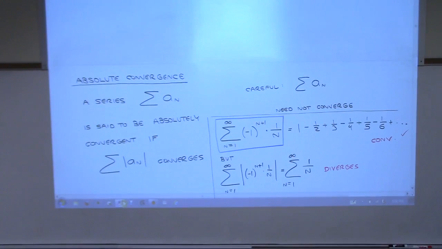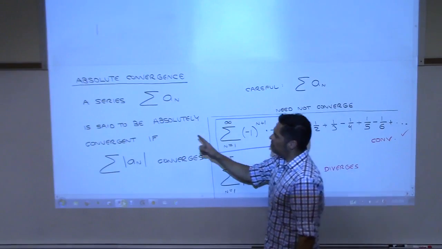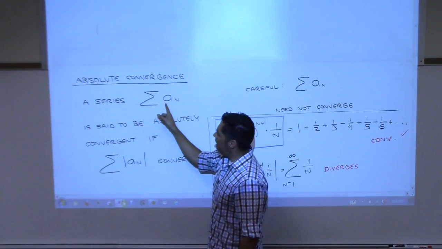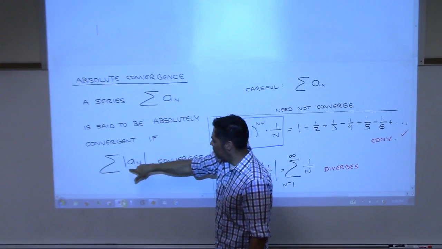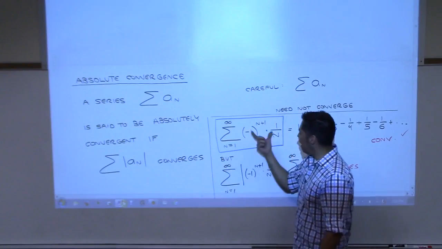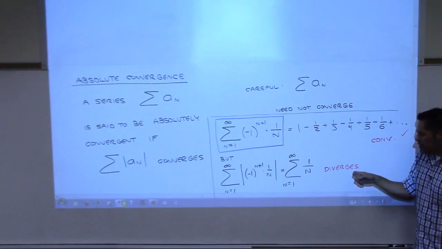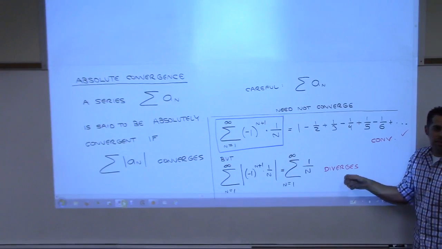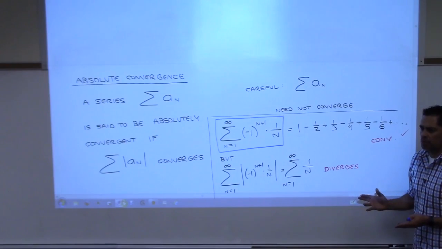It is not. The reason why it's not is because to be absolutely convergent means that when you take the absolute value of the series, that converges. And when I take the absolute value of this, that actually diverges. I would need this to converge in order to say that it's absolutely convergent.